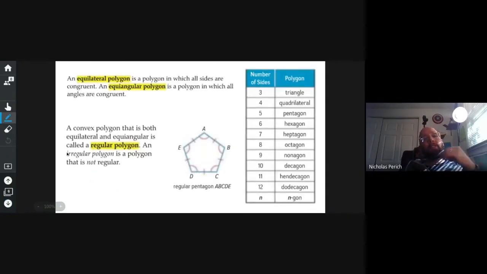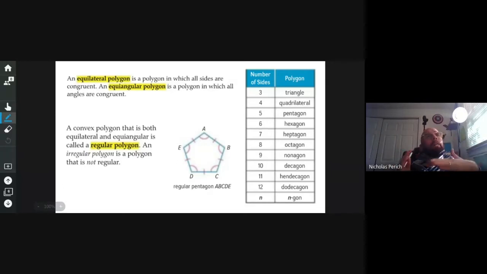Oh man, probably stuff that you already know, and it's not going to blow your mind. An equilateral polygon has equal sides. Equiangular, not equal angular, an equiangular polygon has congruent angles.